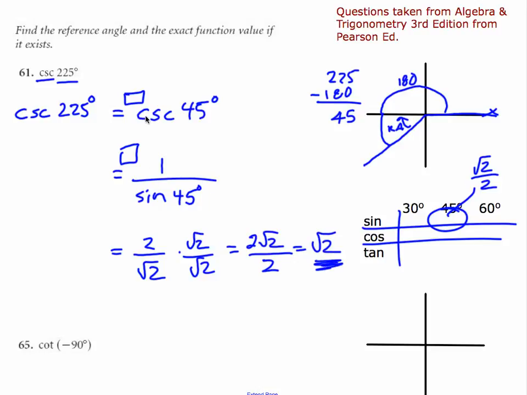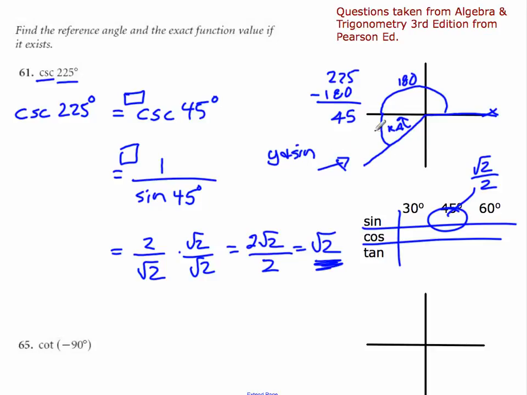Okay, the only other thing we have to worry about is this sign change. So the sine of 45, that's down here. I have to figure out what the sine is in this quadrant. If you remember that CAST rule, you could use that. Or think about what the value of y is in this quadrant, remembering that y and sine go together.